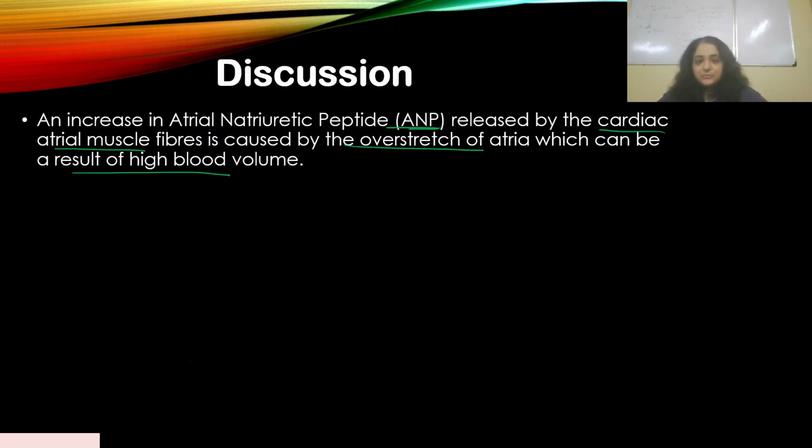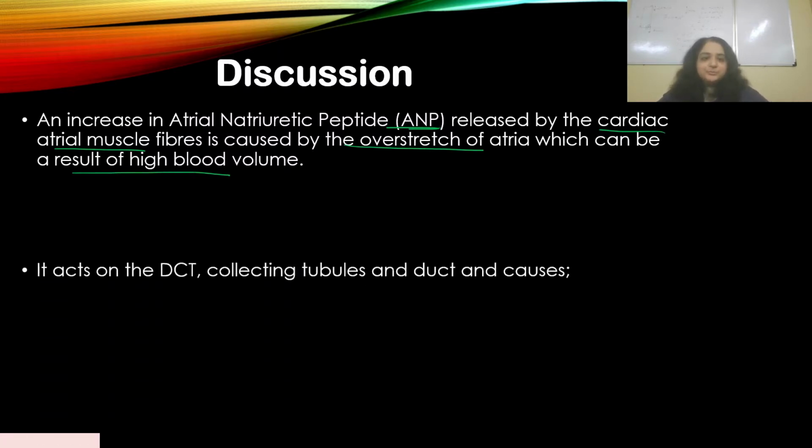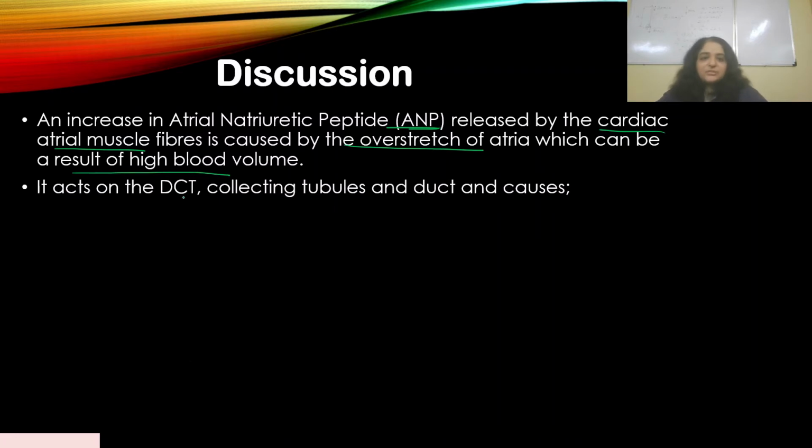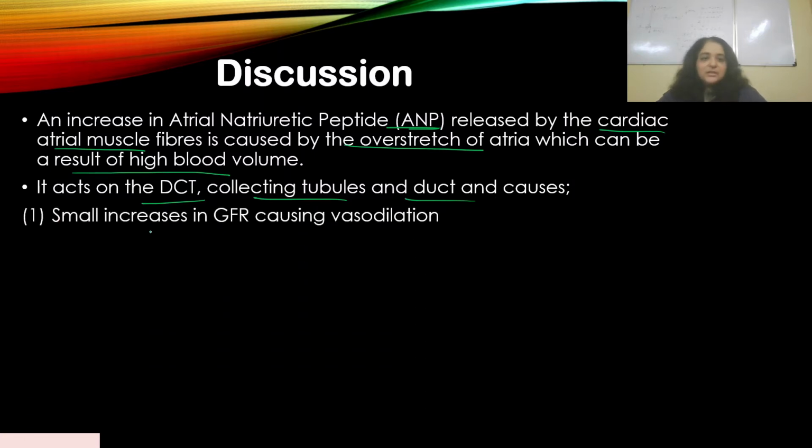Now, what does the ANP do? It acts on the DCT, collecting tubules and duct. It causes a small increase in GFR because of vasodilation. Glomerular filtration happens at the glomerulus capsule.